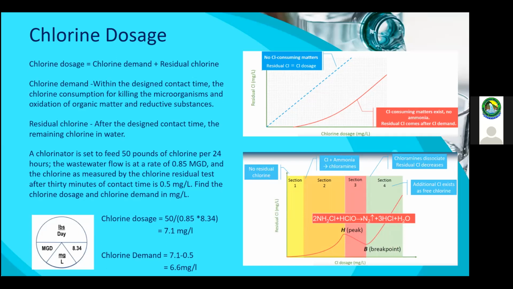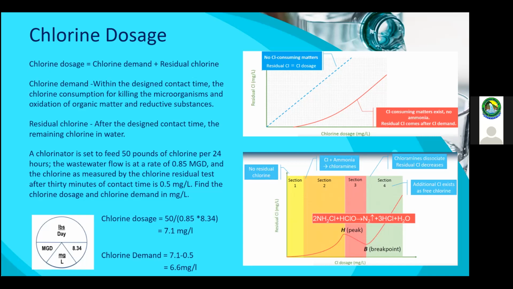So that chlorine demand is the amount of chlorine you need to overcome that within your designated contact time. Now your residual chlorine is the chlorine that remains after the designated contact time and after that chlorine demand is met, basically.